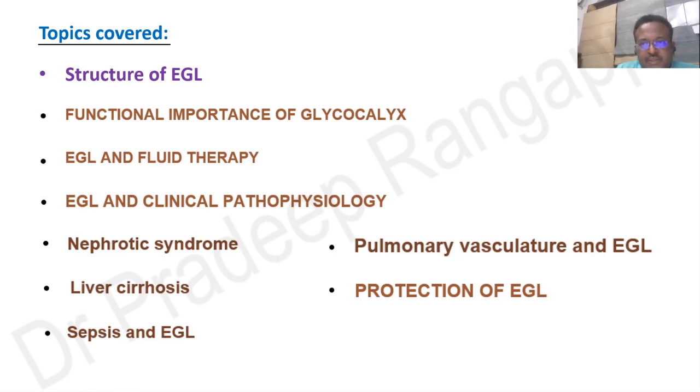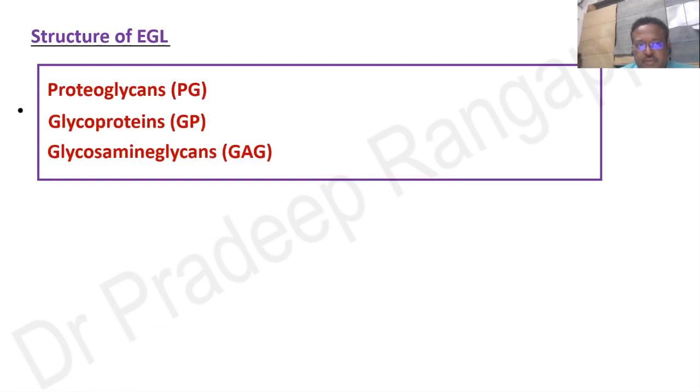So let's dwell into what is the structure of endothelial glycocalyx layer. It's a little new concept which has evolved over the last decade. The structure of EGL contains various components. For all the listeners, understand EGL as a slime that is present on the endothelium of the blood vessels. EGL has proteoglycans, glycoproteins, and glycosaminoglycans.